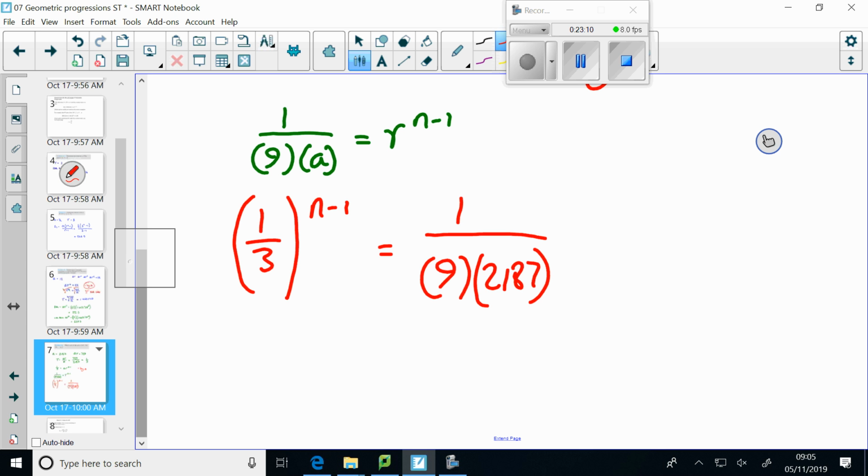Anyone see how you can do this? Can you see what we can write these as in numbers to the power of something?